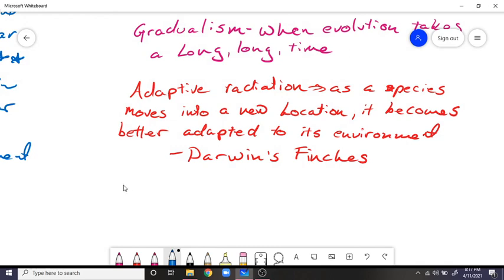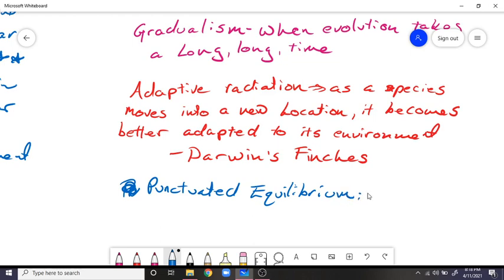Sometimes there is a dramatic event. And evolution happens quickly, over the course of just a few generations. This is called punctuated equilibrium.